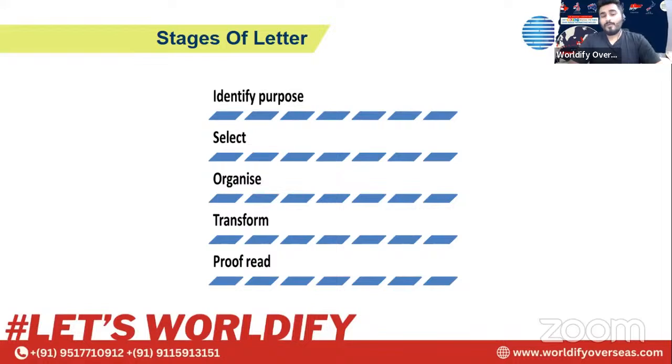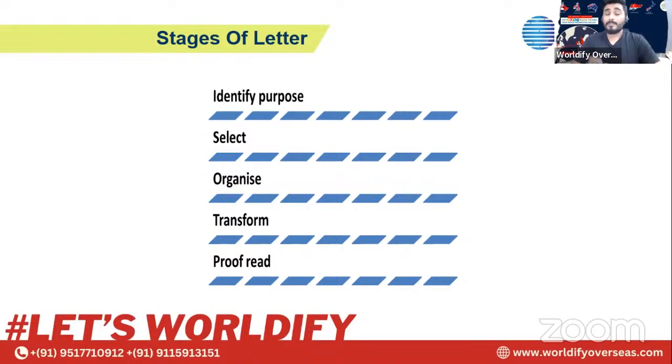Now let's look at the stages we have to follow while writing any OET letter. The first step, and the most important step I would say, is identifying the purpose. Each and every letter has a specific purpose, and you have to find that purpose and write accordingly.